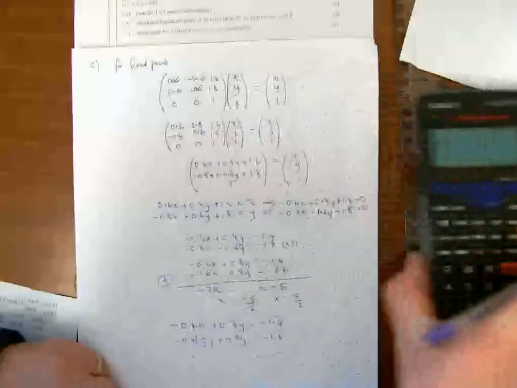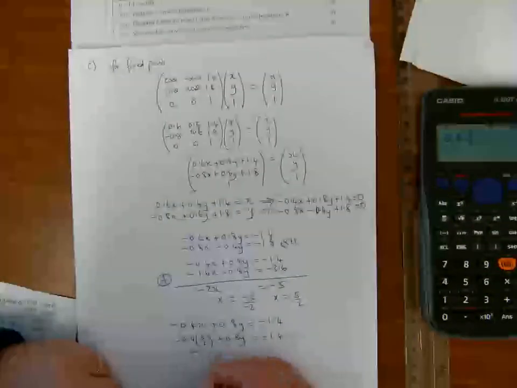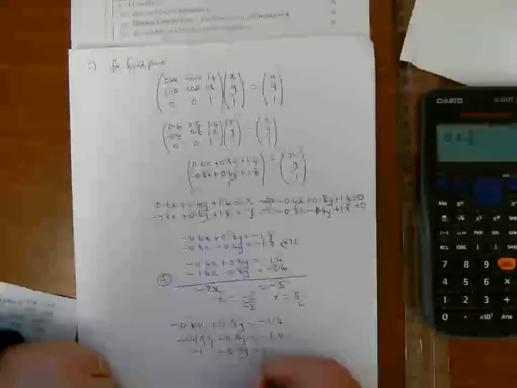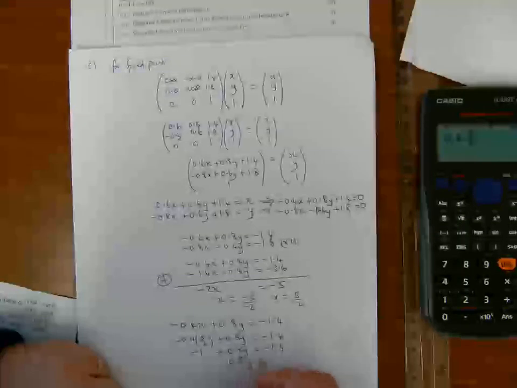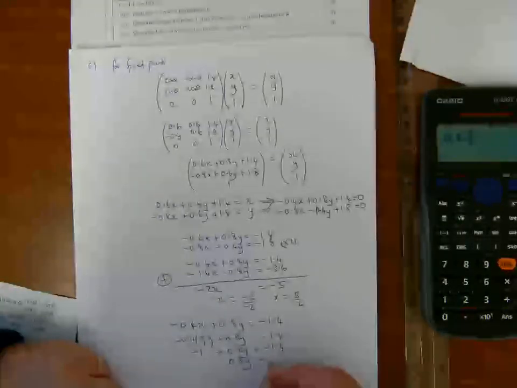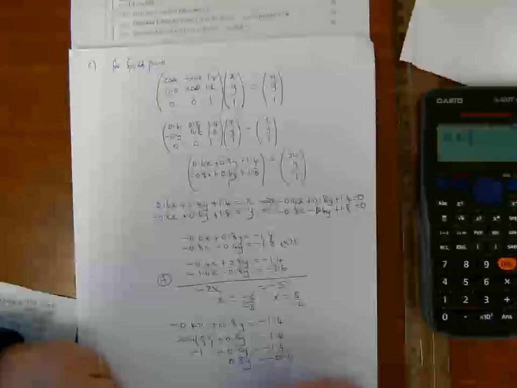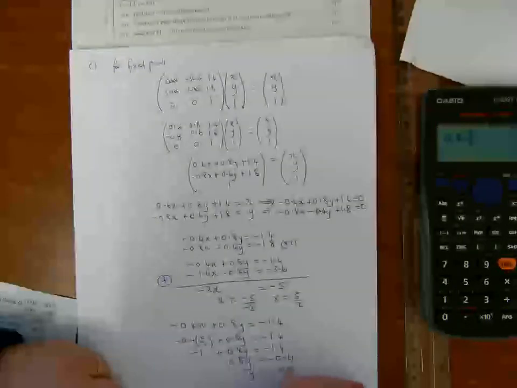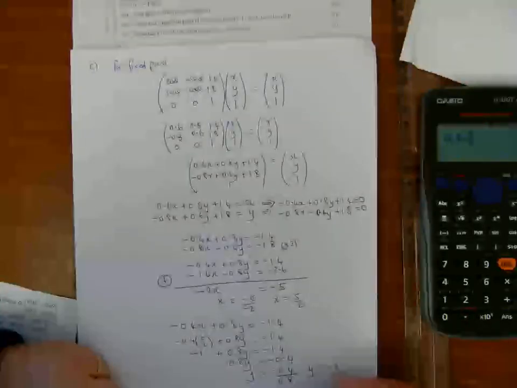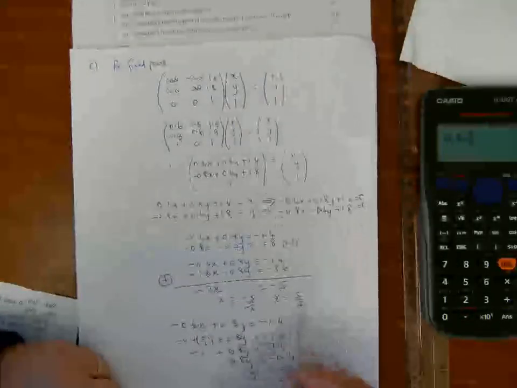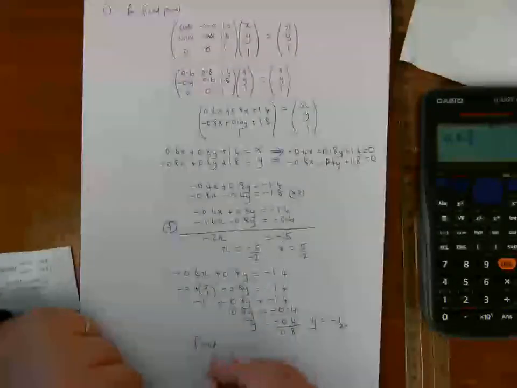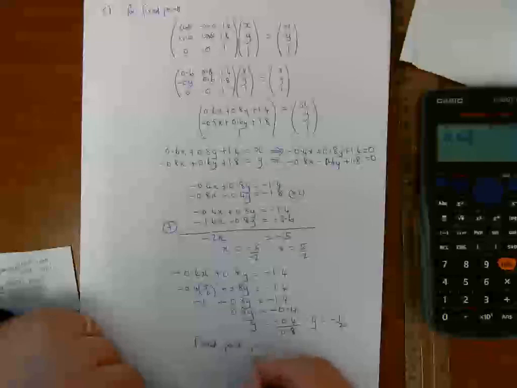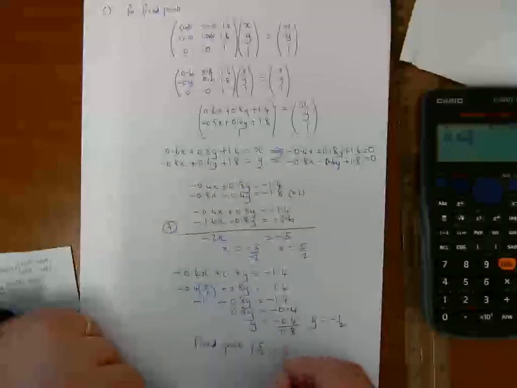That's minus 1. That's minus 1 plus 0.8y is minus 1.4. So 0.8y equals, take the minus 1 over, and that becomes minus 0.4. So y is minus 0.4 over 0.8. That's minus a half. So the fixed point then is a coordinate. Fixed point, coordinate 5 over 2, minus 1 over 2.